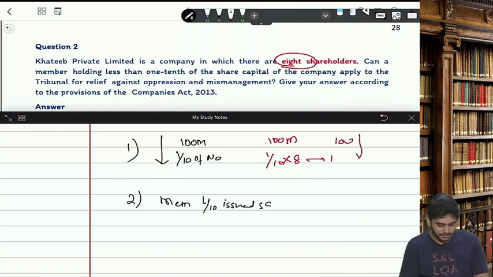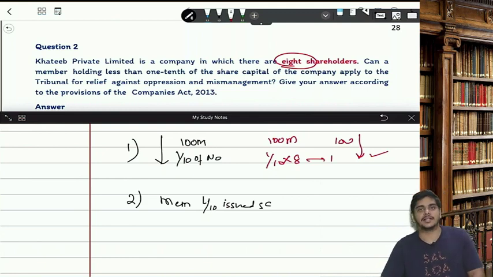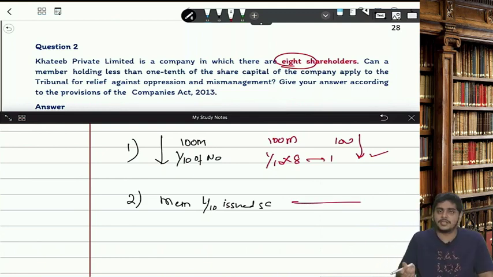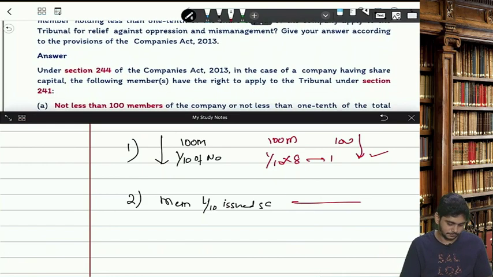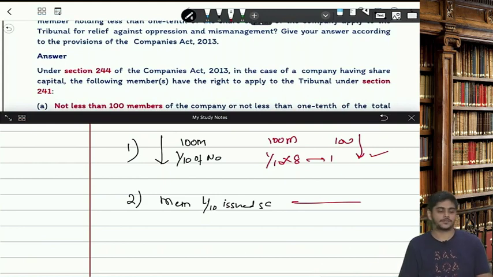So 100 members or 1, whichever is less, is 1. Even 1 member can apply, even though his shareholding is less than 1/10, because we do not need to use the second category, we are covered under the first. Understood? Okay, read the answer from your book.